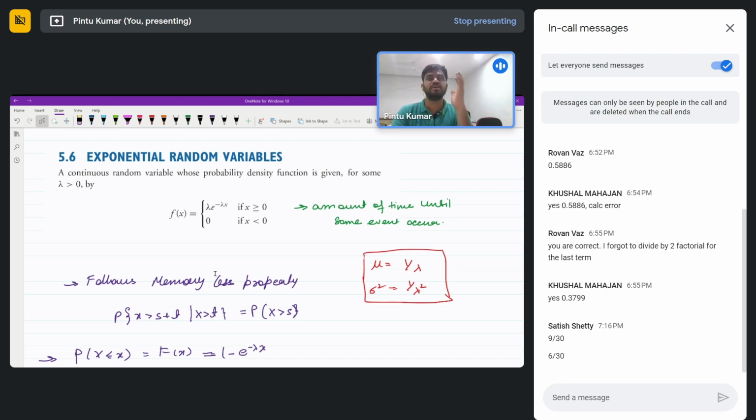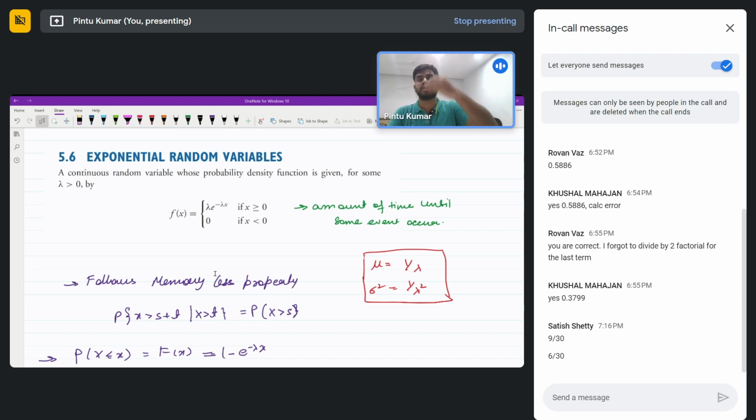Let's say you are a bank, and you know, on average, how many customers you are expecting, or at what time gap the people would come.